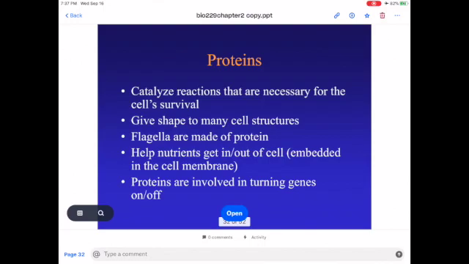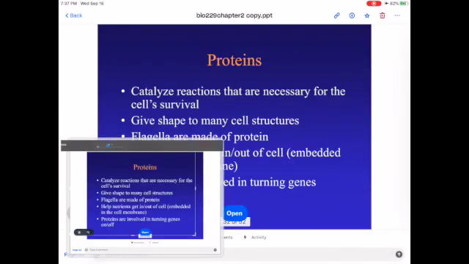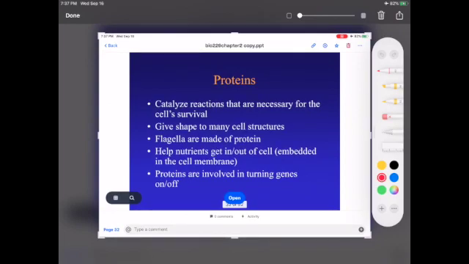So let's say that E. coli has a gene for lactase. Okay, lactase would be an enzyme that breaks down lactose. Does that make sense?